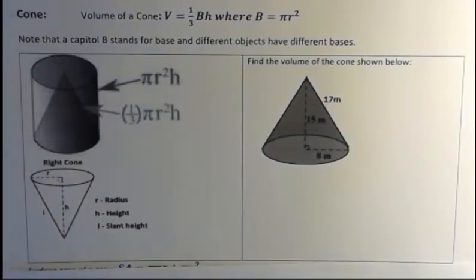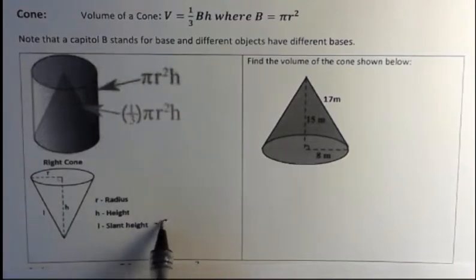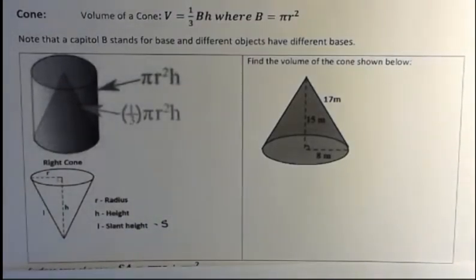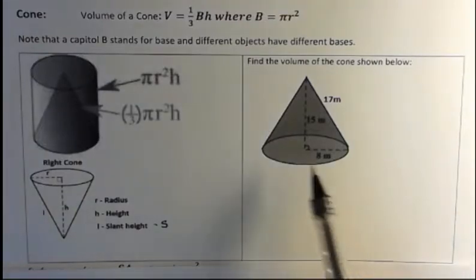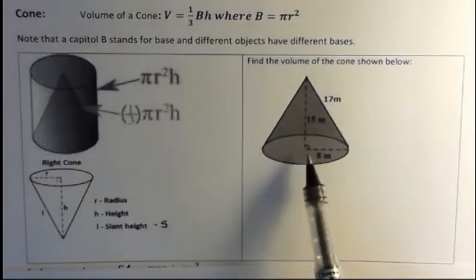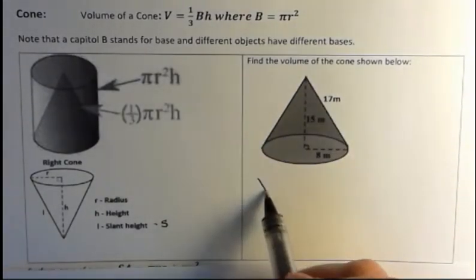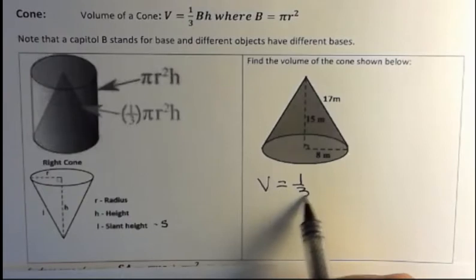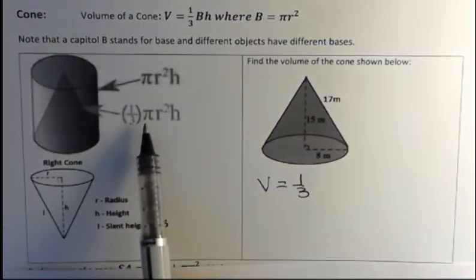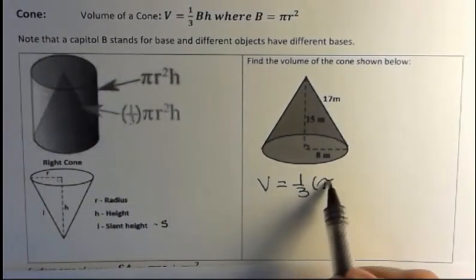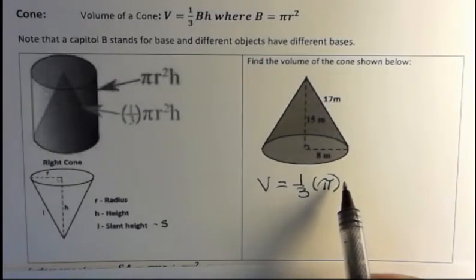The slant height is sometimes denoted by S, sometimes by L, and sometimes by H sub S. In this picture, I have the height, the radius, and the slant height. If I just want to find the volume, I don't care about the slant height, because the volume is 1/3 pi r squared h.